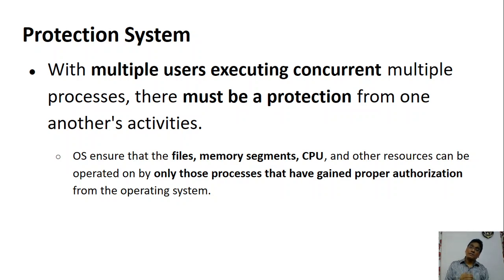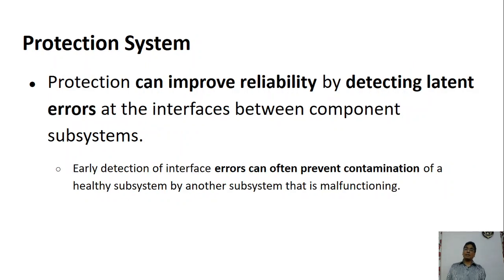The operating system's protection system takes care of this. How do we do it? By means of authorization. The operating system provides proper authorization, so only an authorized person can read the content of a file, an authorized person can write into a file, and so on. This is how protection is applied. So what's the advantage when you have the protection system?